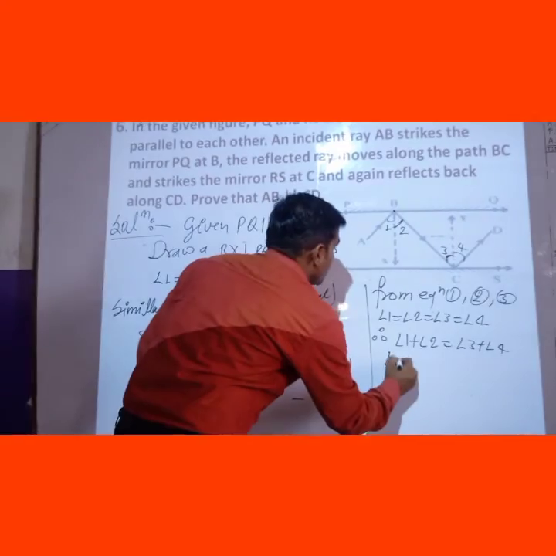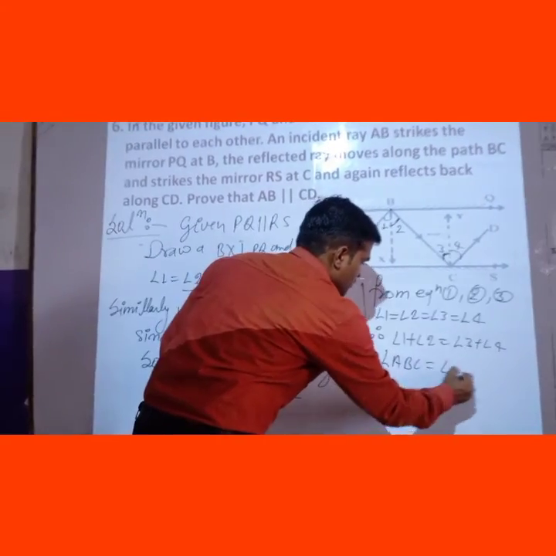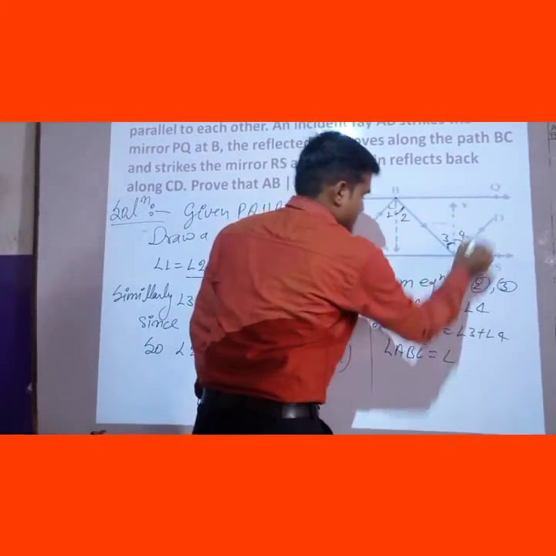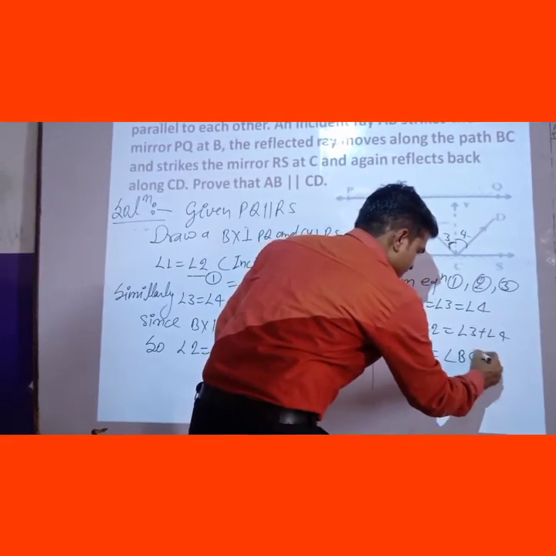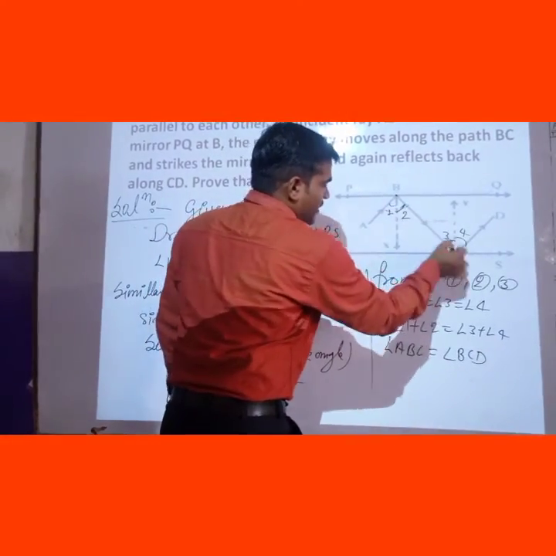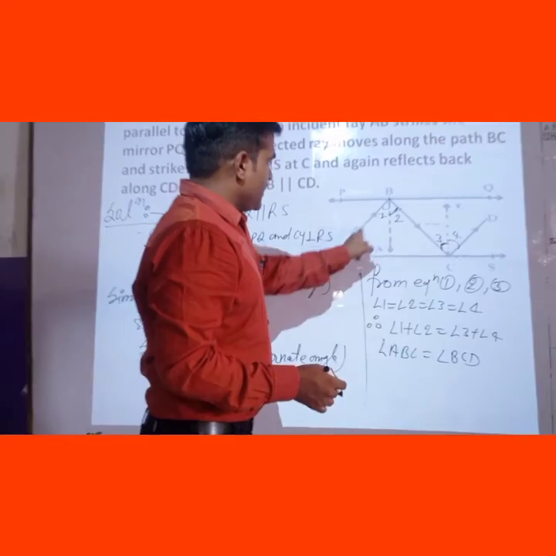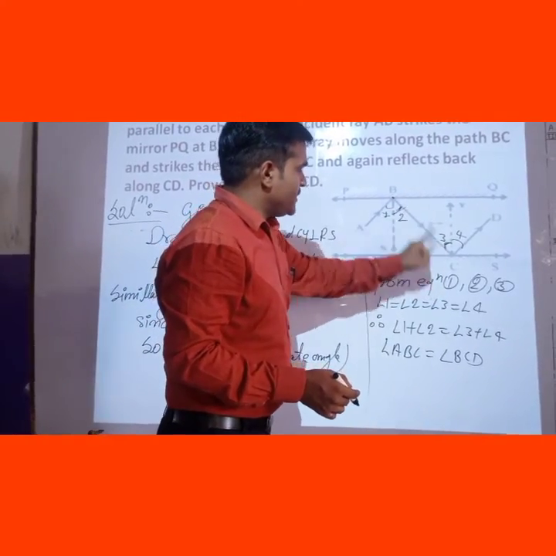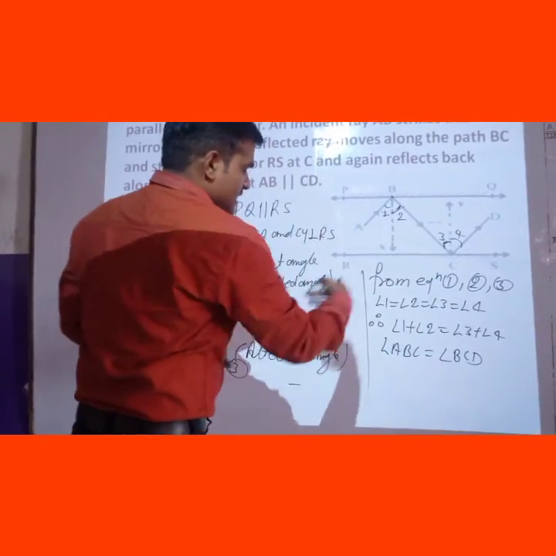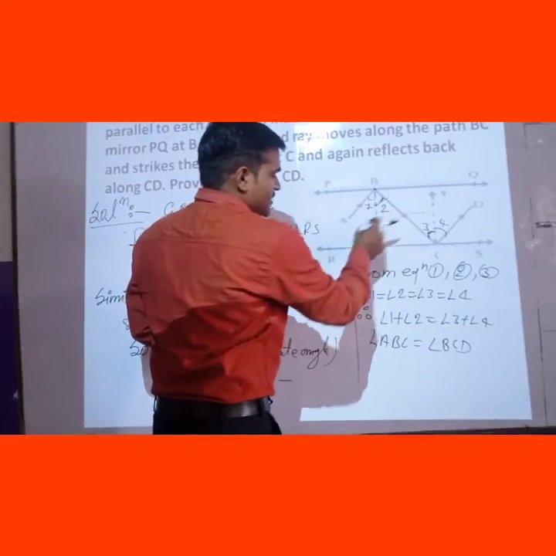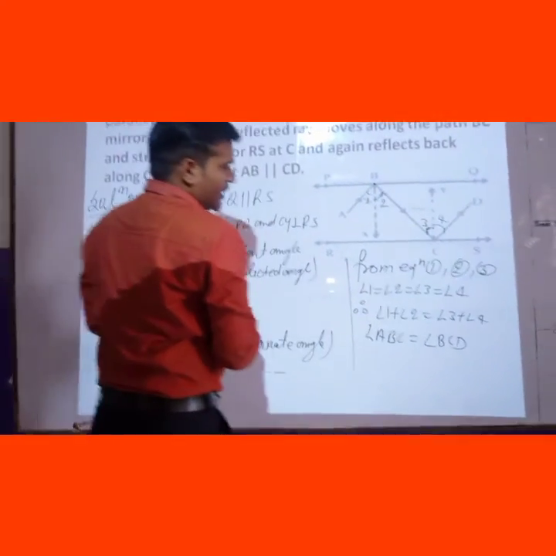Angle ABC is equal to angle BCD. If these angles are equal, these are alternate interior angles.